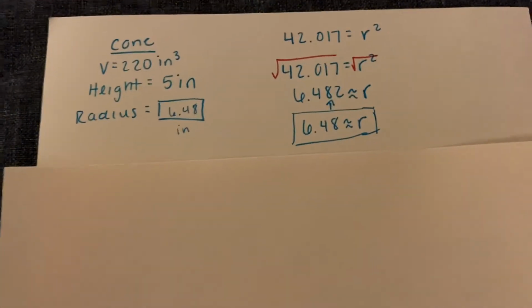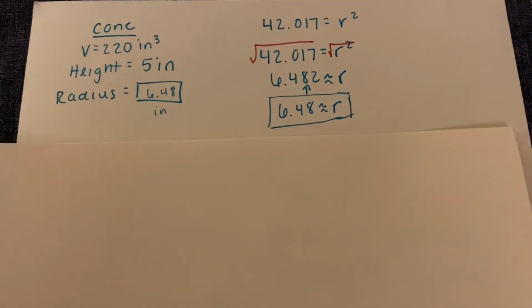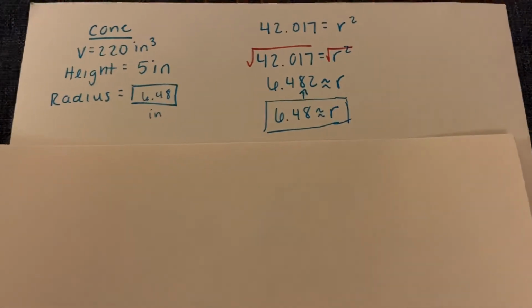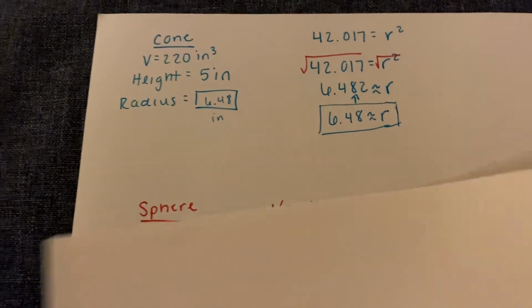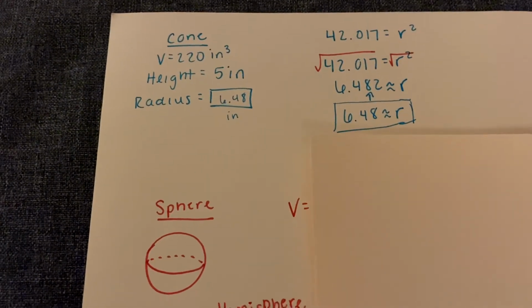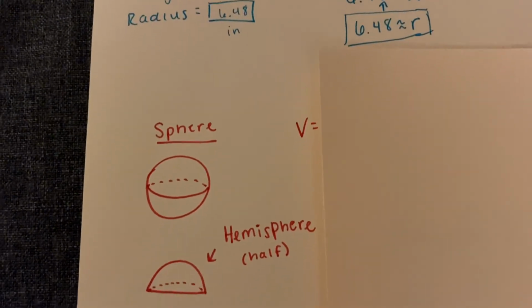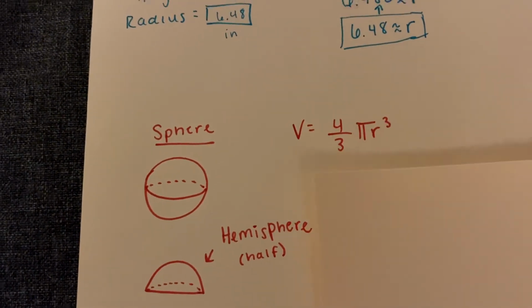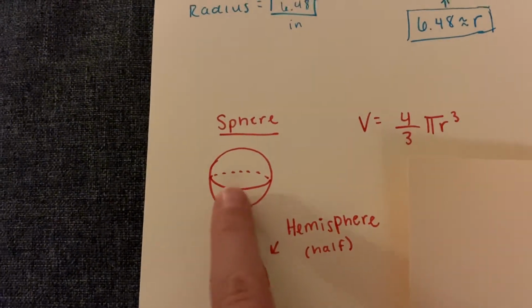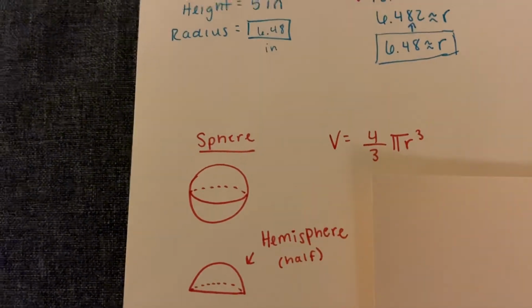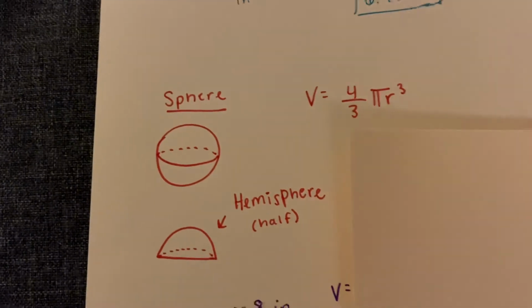Cool. And then I noticed on, I think it was the quizzes that you guys did, some people were having trouble with spheres. So I wanted to talk about spheres here and what their equations are. Now, an actual sphere looks something like this, but then there's one that looked like that, and that's like half of a sphere.